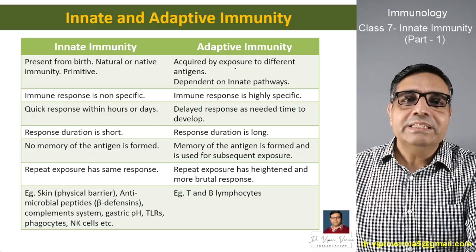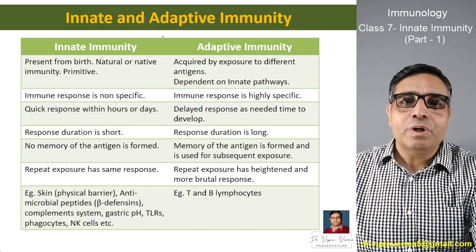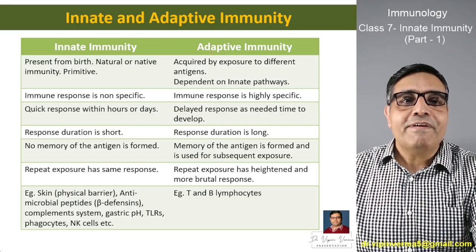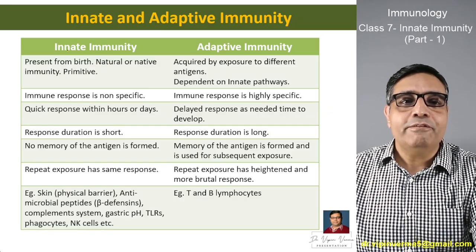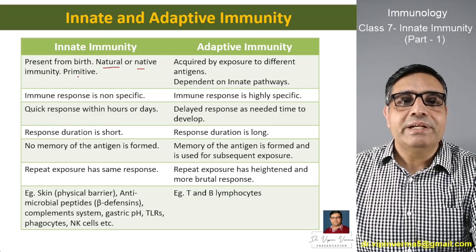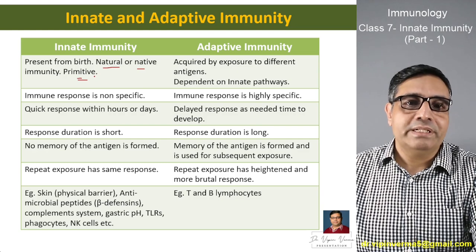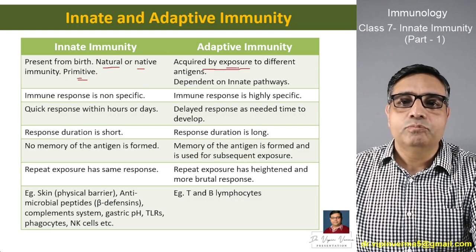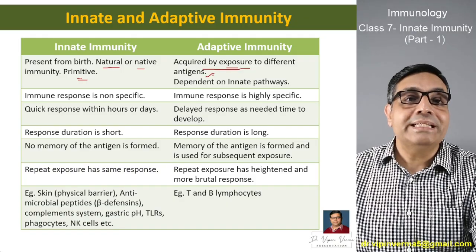If we do a comparison between innate immunity and adaptive immunity, we will find that innate immunity is present from birth. It is natural or native immunity, and it is the primitive form of immunity. While adaptive immunity is acquired by exposure to different antigens, so it takes time.